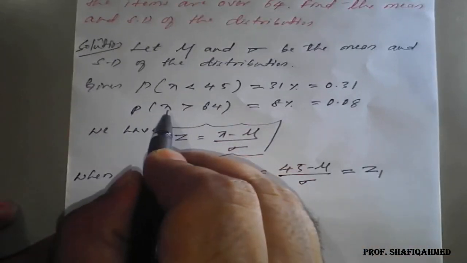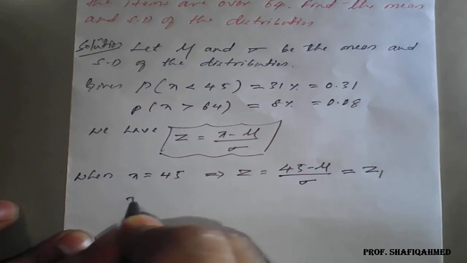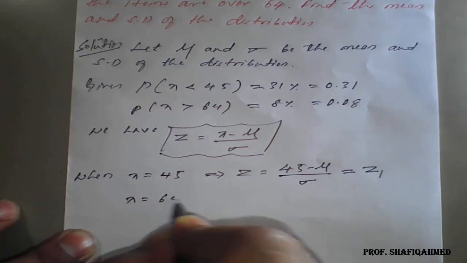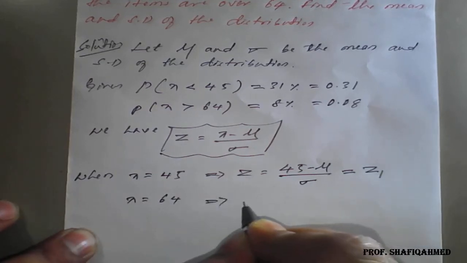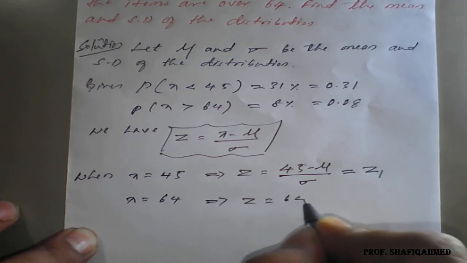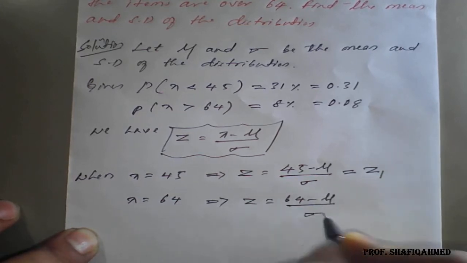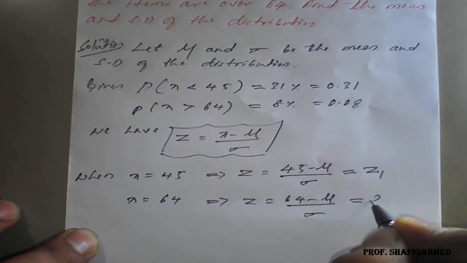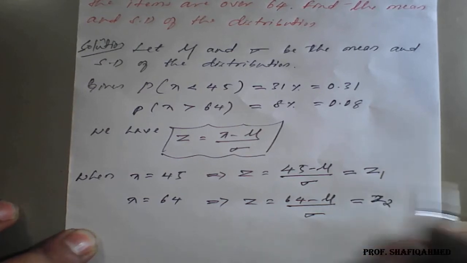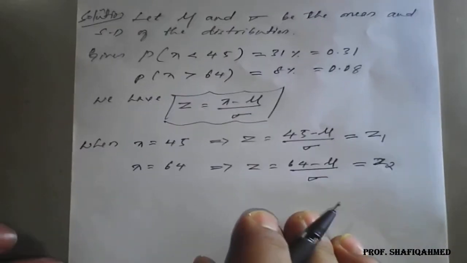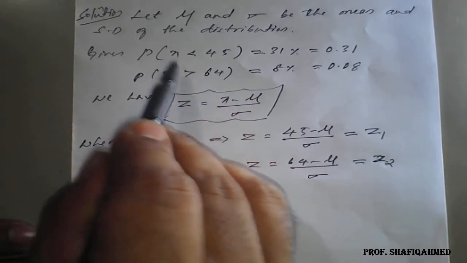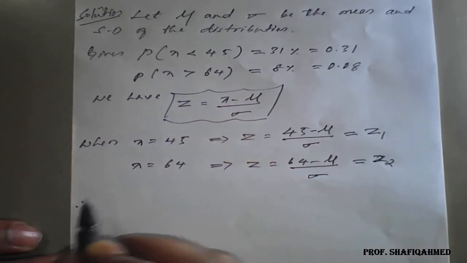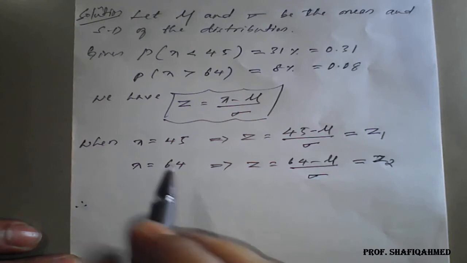Similarly, we have x greater than 64. When x is 64, the value of z will be (64 − μ)/σ, and I will consider this as z2. So both I have considered z1 and z2. Therefore this equation will become in terms of the standard normal variate.